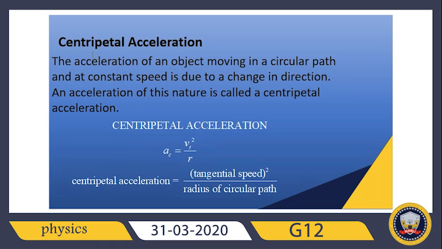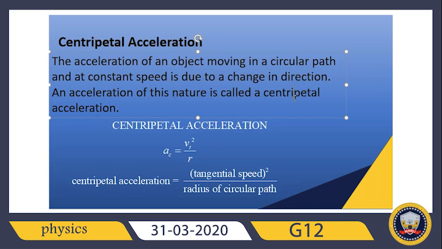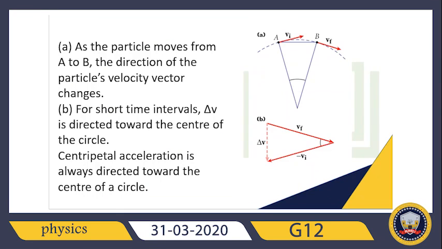Why do we have centripetal acceleration? It is due to the change in direction. Here we have A and B, with Vi and Vf at each point. Delta V means Vf minus Vi, and delta V must always go toward the center.